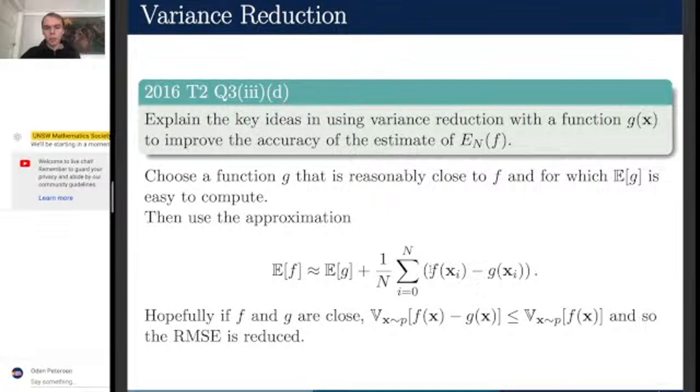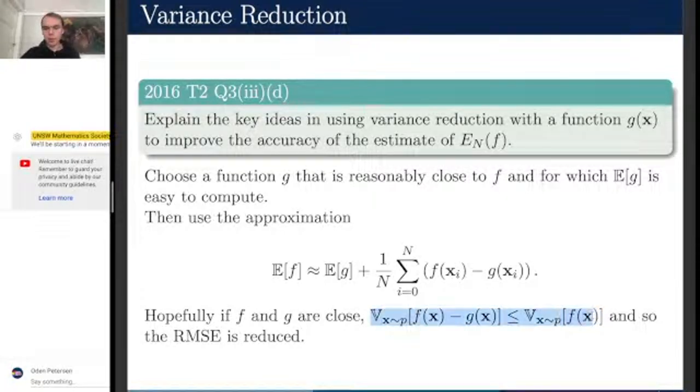And by writing it in terms of a Monte Carlo estimate of f minus g rather than a Monte Carlo estimate of f, because f minus g will tend to be smaller than f, assuming that the approximation of g to f is a good one, the variance of this Monte Carlo estimate, which is actually the variance of the entire estimator, is hopefully going to be smaller than if you just took a Monte Carlo estimate of f.